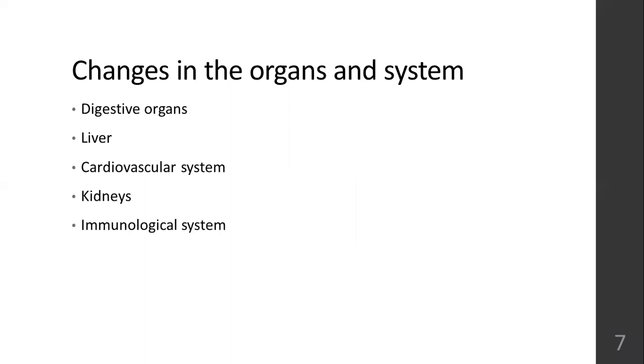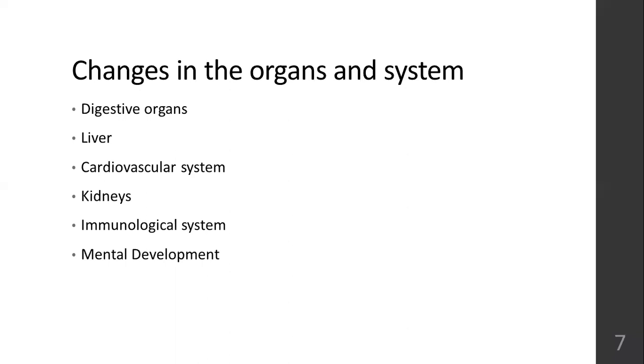Then the immunological system. In both cases, marasmus as well as kwashiorkor, immunity goes for the toss. The child is at risk of developing severe infections. Then mental development.